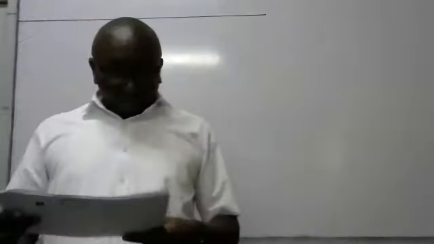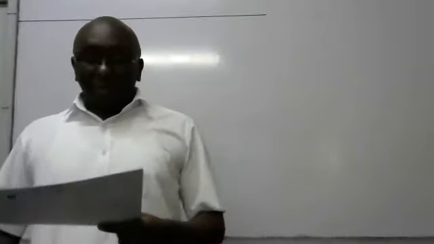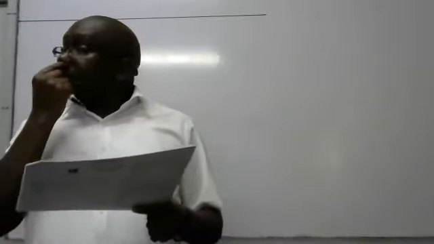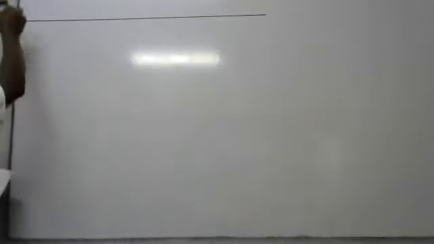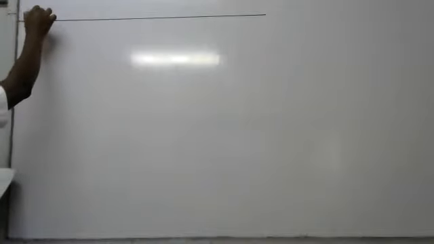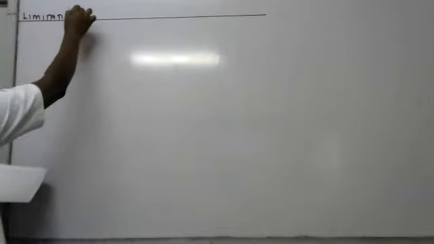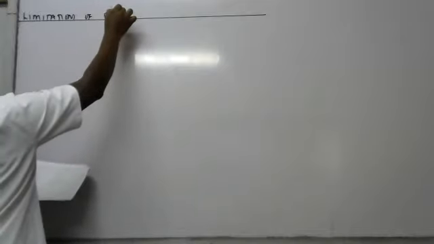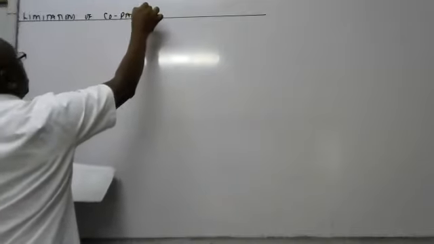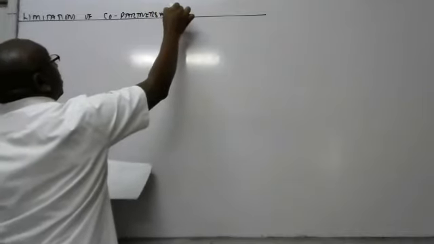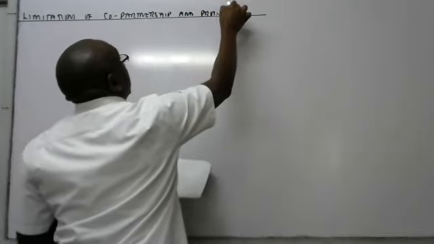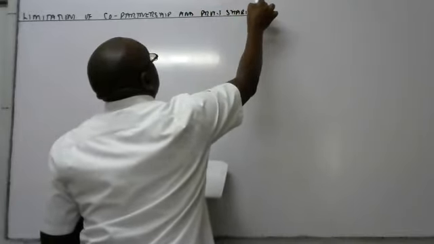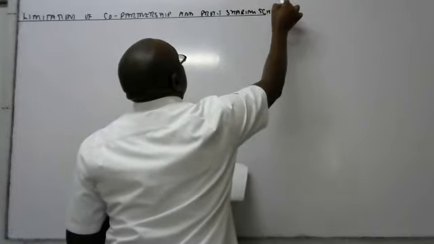So the next question, question 5, says, in the context of labor remuneration, examine 6 limitations of co-partnership and profit sharing schemes. So we are told to highlight limitations of co-partnership and profit sharing schemes.